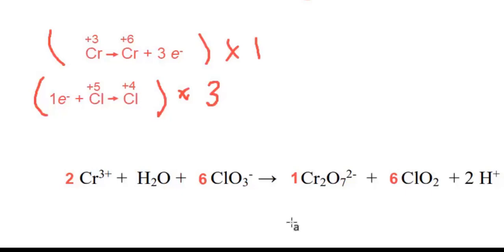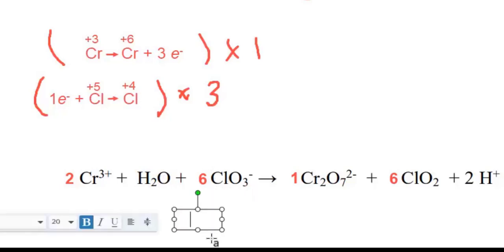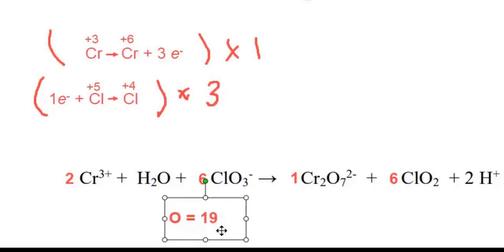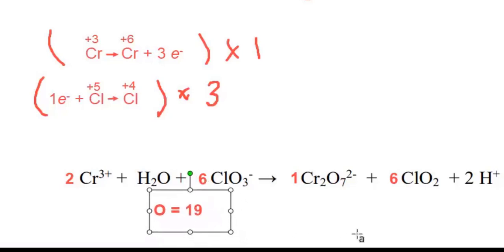Let's see if we landed this plane by looking at the oxygens, because that's our final check here. Now, there's quite a few. We've got 1 oxygen here, and we've got 6 times 3, 18. So my oxygens are O equals 19. Now, do we have 19 oxygens in our product? If we don't, we're worried.